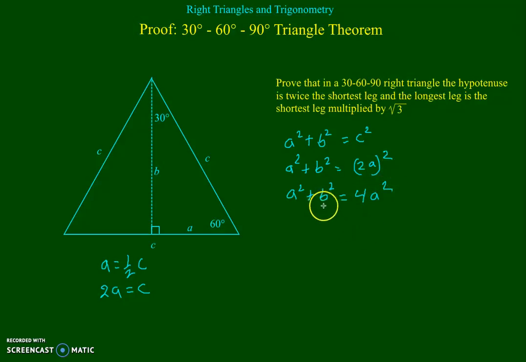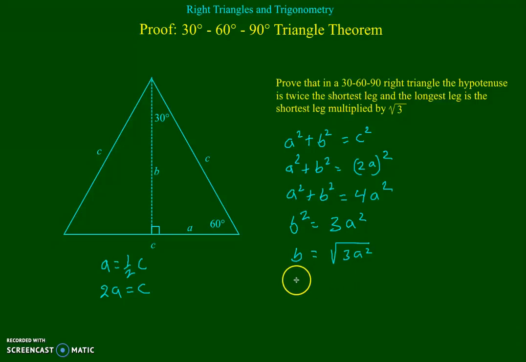Now, working this out, we have A squared plus B squared equals 2 squared is 4, and A squared. Now we're solving for B, so we're going to subtract A squared. So we have B squared equals 4A squared minus A squared is 3A squared. And then we're going to take the square root of both sides. So B equals the square root of 3A squared.